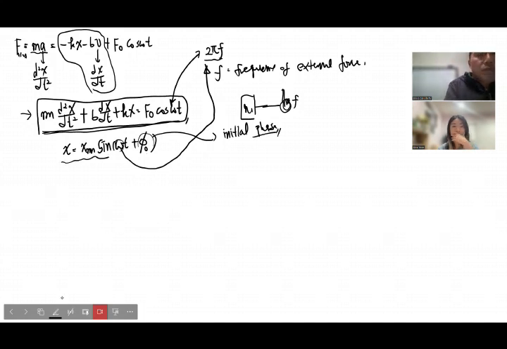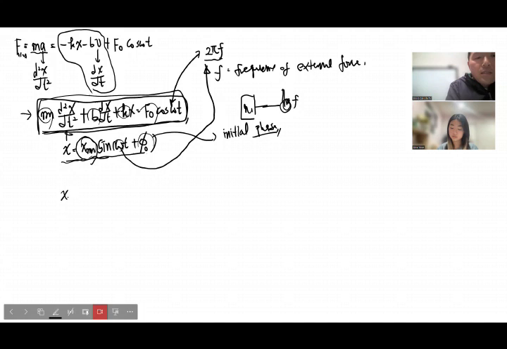Now if you plug this solution back into the second order differential equation, you should be able to find the relationship between xm and m, b, k, and F naught.